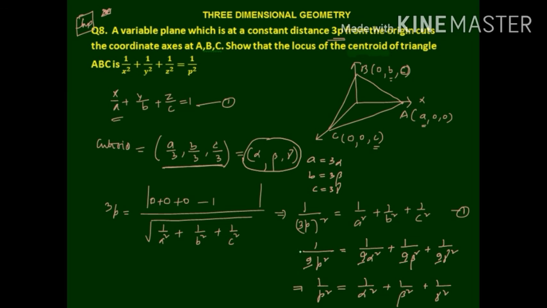Now last, to write the locus, you have to replace these coordinates with x, y, z for the general equation, right? So you write, therefore the required locus is 1/p² = 1/x² + 1/y² + 1/z². Great. That's an important problem.